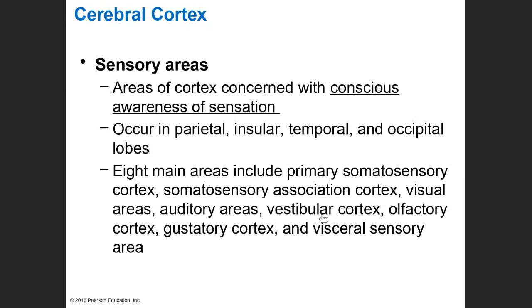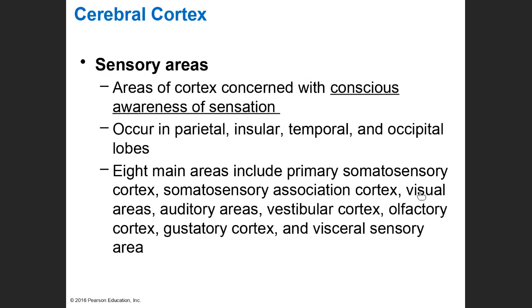So we have sensory association areas, and it really gets complex. I just listed here some of the association areas associated with sensation. You're going to have an association area associated with every single modality of sensation.